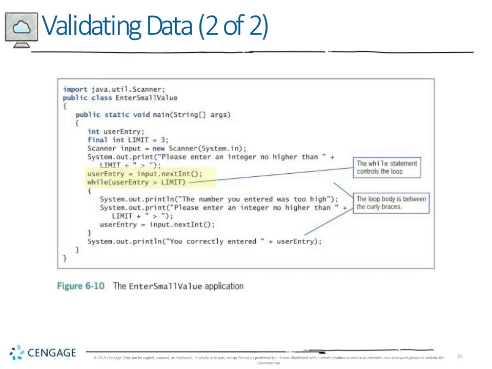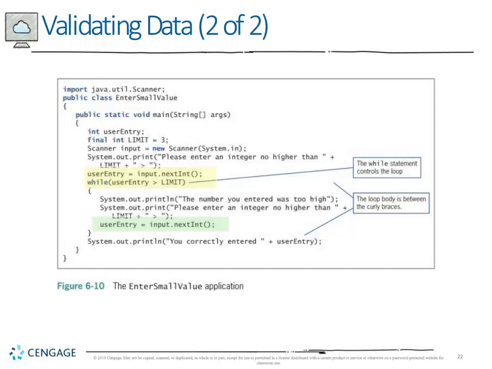If the user enters 3 or less at the first prompt, the loop never executes. However, if the user enters a number greater than 3, the loop executes, providing the user with another chance to enter a correct value. Inside the loop body, you should have another input prompt.